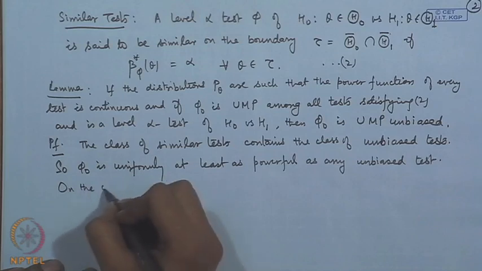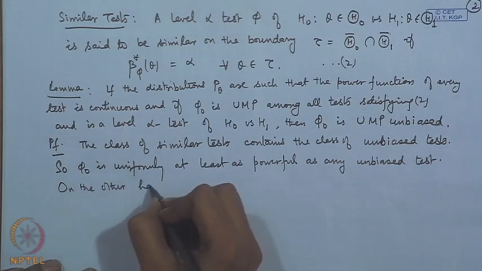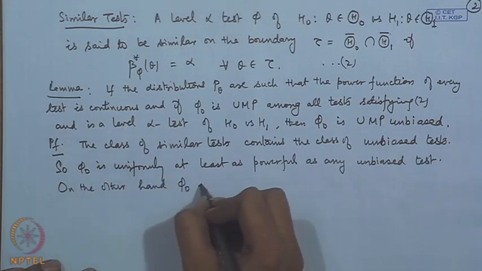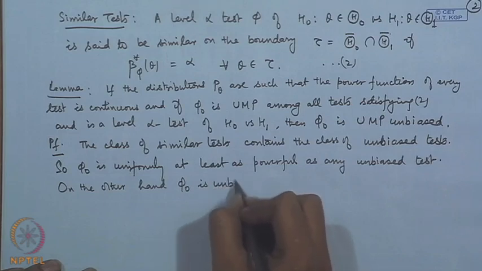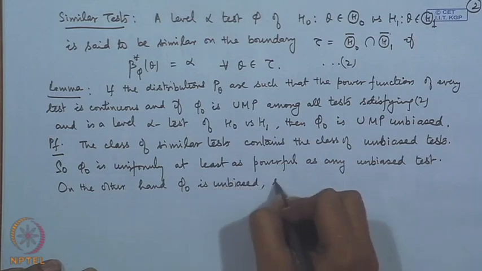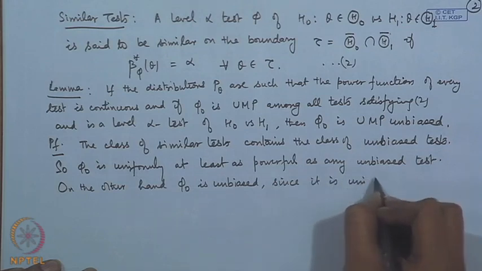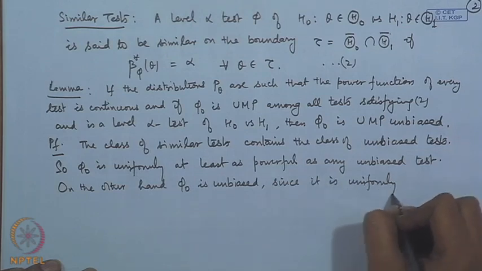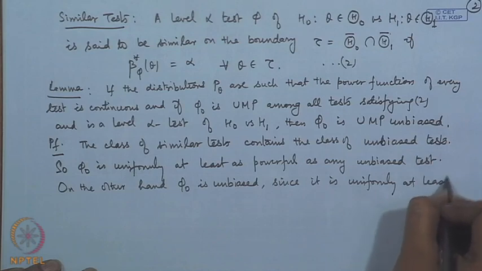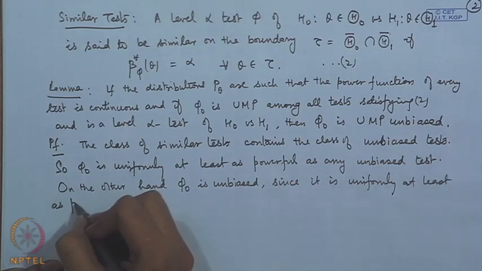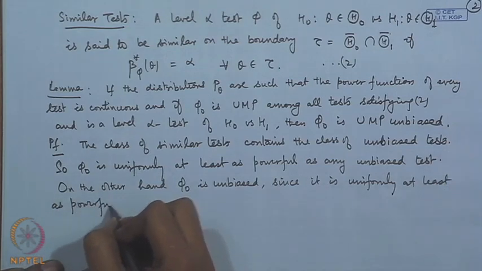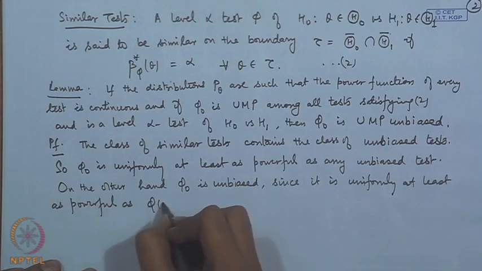On the other hand, phi naught is unbiased since it is uniformly at least as powerful as phi x equal to alpha.